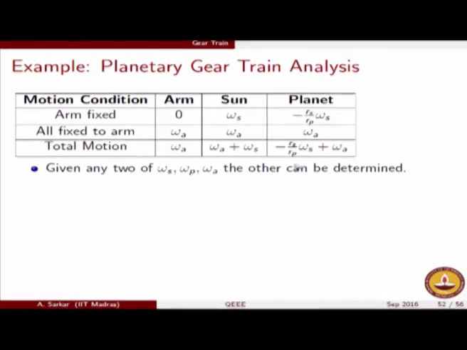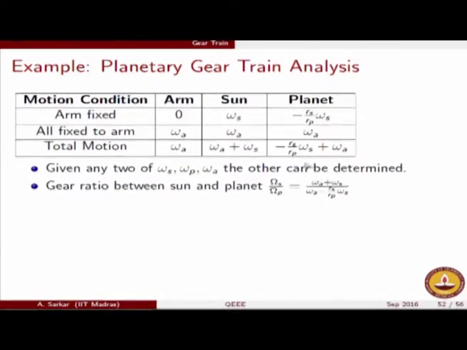So this is a 2 degree of freedom system as opposed to the 1 degree of freedom system which we have done for simple spur gears. But here, being a planetary gear, there are two inputs which decide the output. The other way also we can think about it, that one input gives two outputs, but let us not get into that part in this fag end of the course.